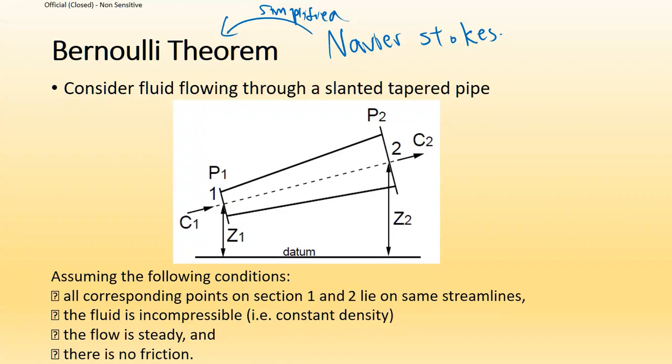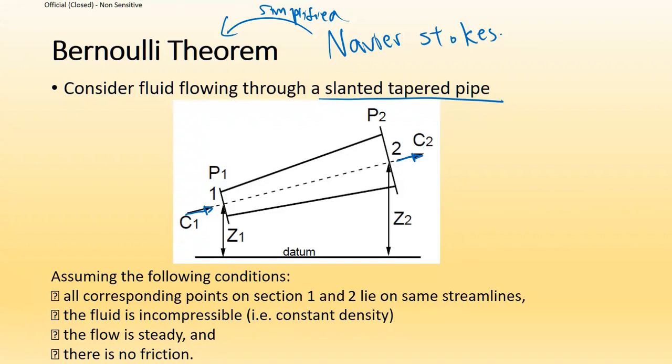The simplification will let us arrive at the Bernoulli theorem. So what is the Bernoulli theorem? Let us derive it. Again, we will consider this same slanted tapered pipe, with fluid entering through one and leaving through two.